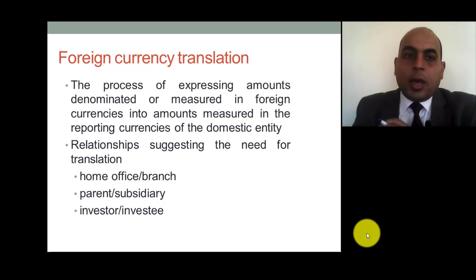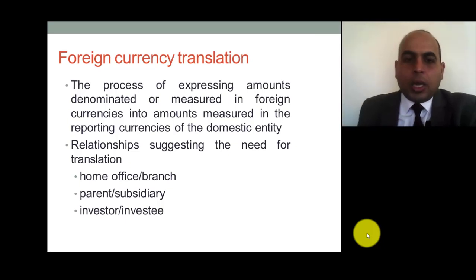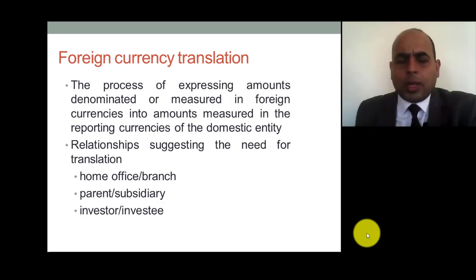So this is our point: how will we make decisions, how will we read the amount of income, how can we understand the amount of assets or the amount of liabilities, etc.